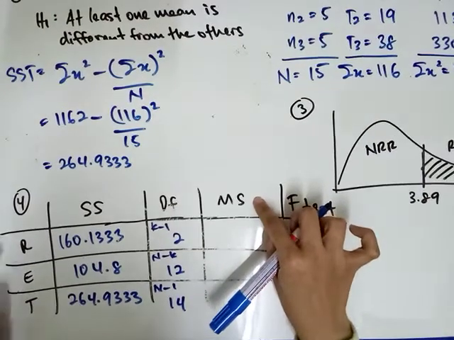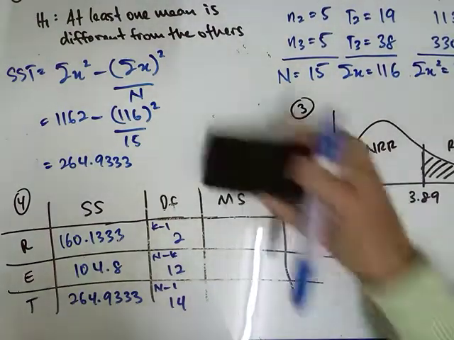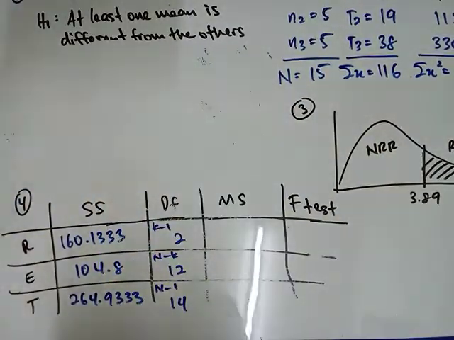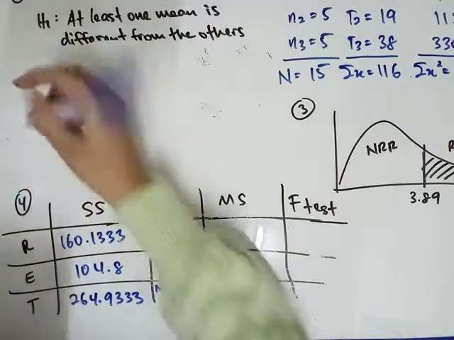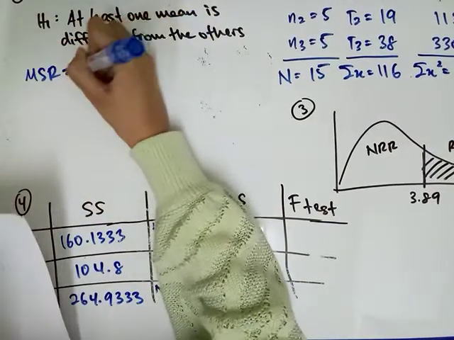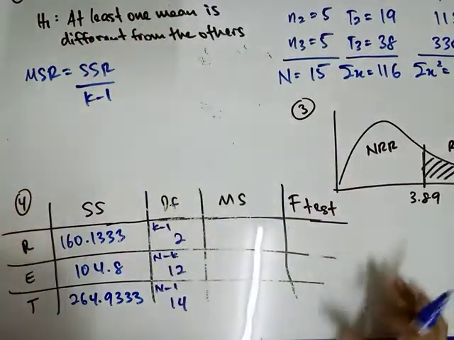And then mean square for residuals. How to calculate? Use your formula. MSR is equal to SSR divide K minus 1.